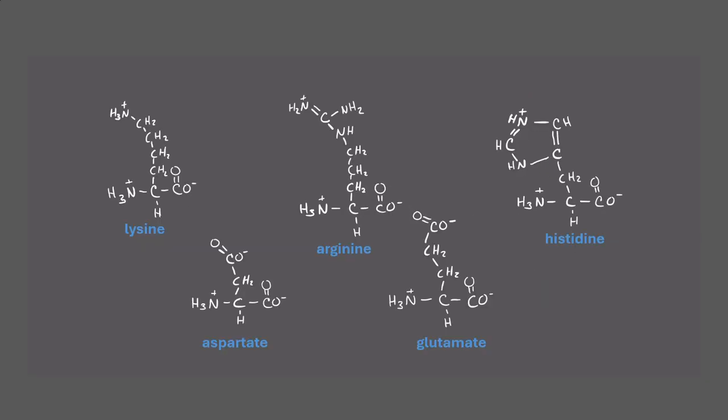And other R groups can carry a charge, although that may depend on the pH. Lysine, arginine, and histidine carry a positive charge. Aspartate and glutamate have carboxylic acids in their R groups and carry a negative charge.